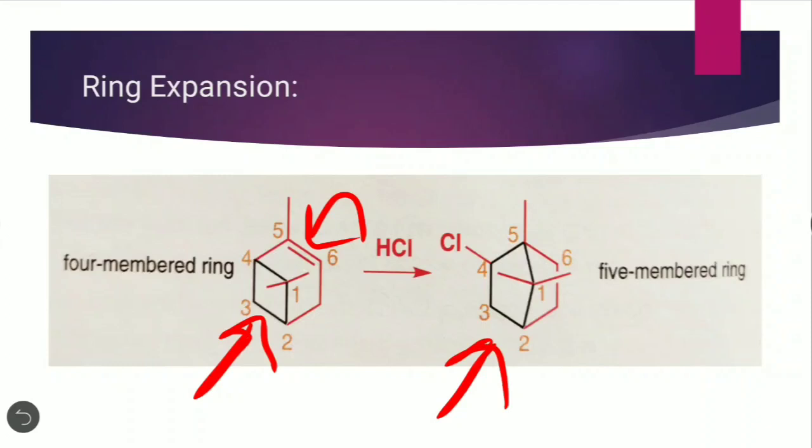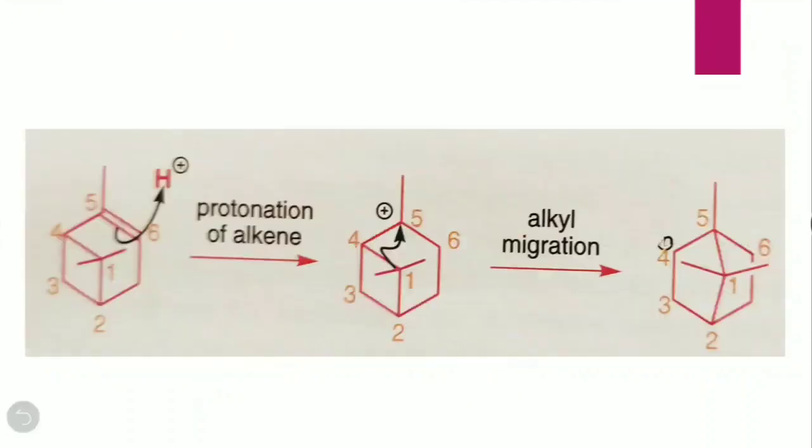Let's see its mechanism in detail. Here the carbocation is formed due to the protonation of the alkene. Carbon 1 migrates to carbon 5, and a tertiary carbocation converts, and here a secondary carbocation is formed.